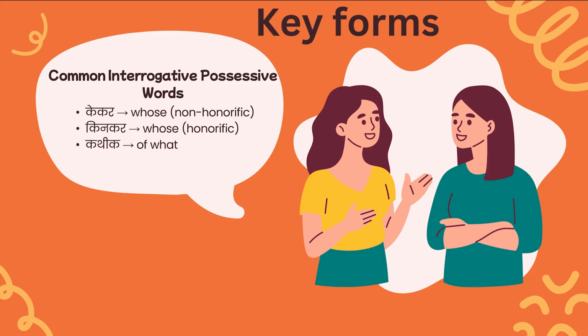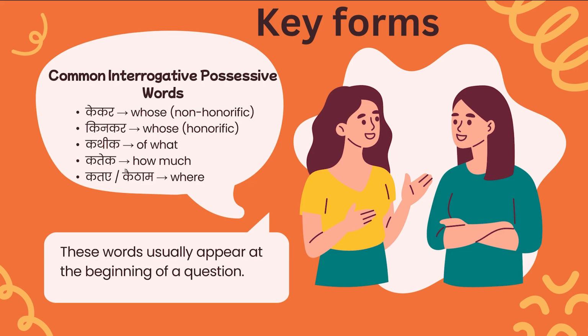And then kathik would mean of what. Katek would mean how much. Kate or kaitam or sometimes even kontam would mean where. These words usually appear at the beginning of a question, but Maithili has fairly free word order, so they can be placed at other places as well.